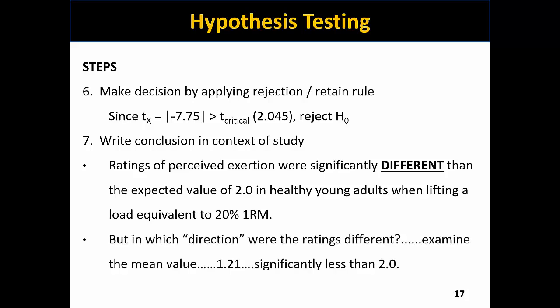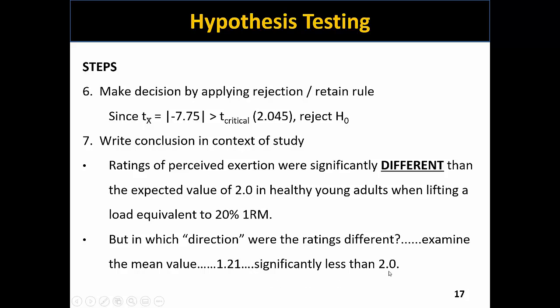So can we imply direction? Absolutely. We would state, in terms of the direction, which direction were the ratings different? We already know that they're different, and so we would just examine the average value of 1.21.